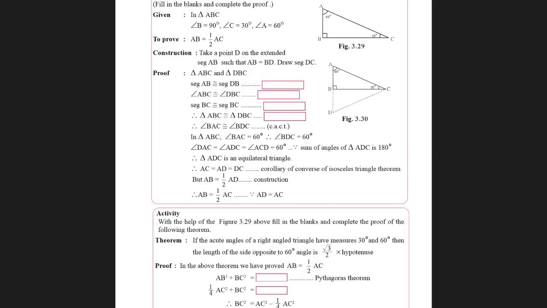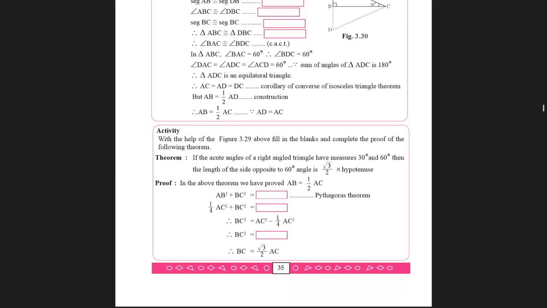Okay. Now, BC square is equal to AC square minus 1 by 4 AC square. That means we are taking AC square to the right hand side. So, what is AC square minus 1 by 4 AC square? It is 1 minus 1 by 4, which is 3 by 4. So, BC square is equal to, in that box, you are going to write 3 by 4 AC square.